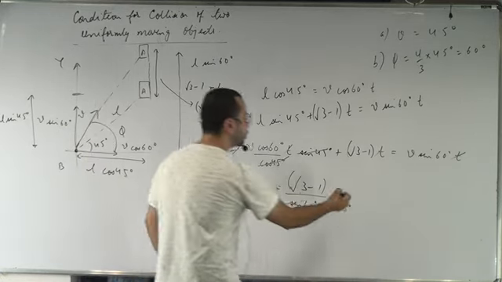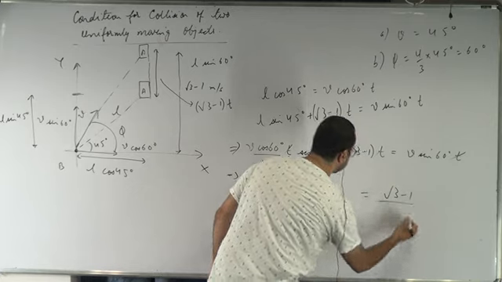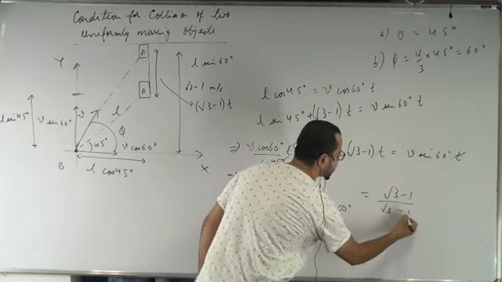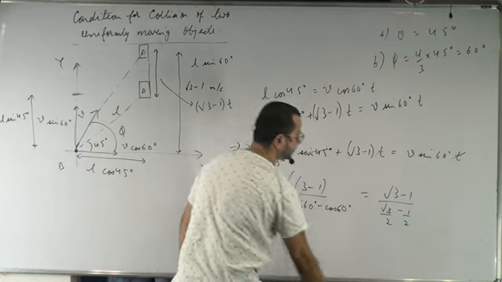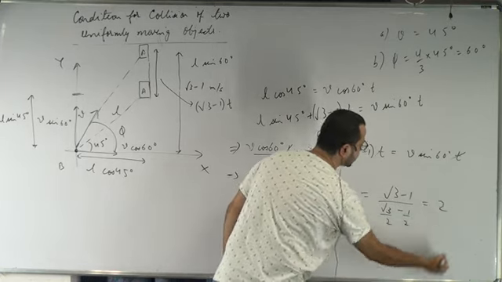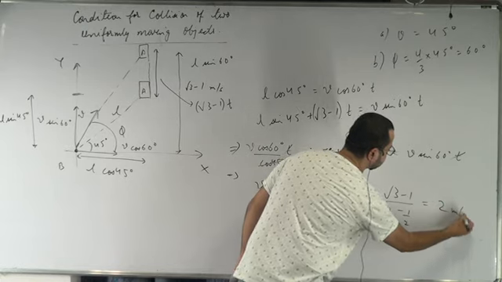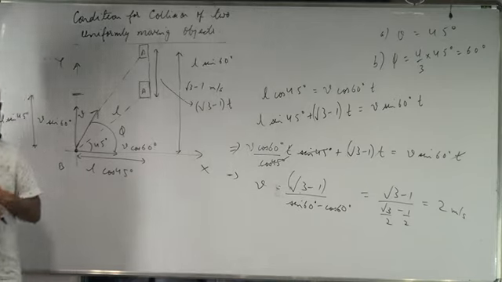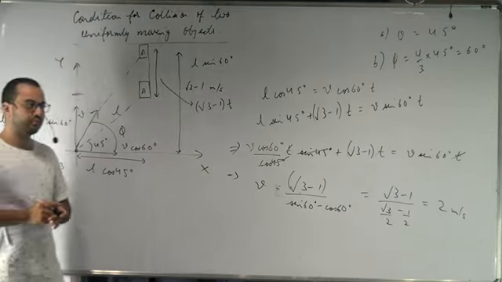Alright, so this should be equal to root 3 minus 1 divided by sine 60 is how much? Root 3 by 2 minus, so यहाँ से cancel होके finally you'll have 2. Is that clear?